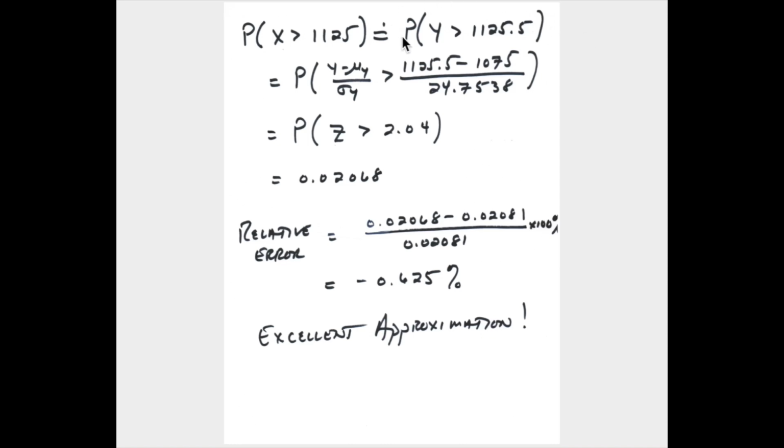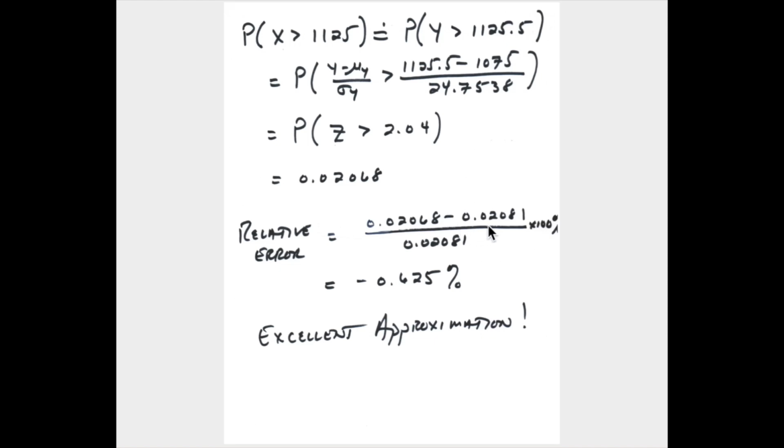We standardize everything inside the parentheses. We get the probability statement in terms of the standard normal random variable z, and so we see that this probability is equal to the probability that the standard normal random variable is greater than 2.04. Again, we can get that from the standard normal table or from the TI-84. That probability turns out to be 0.02068.